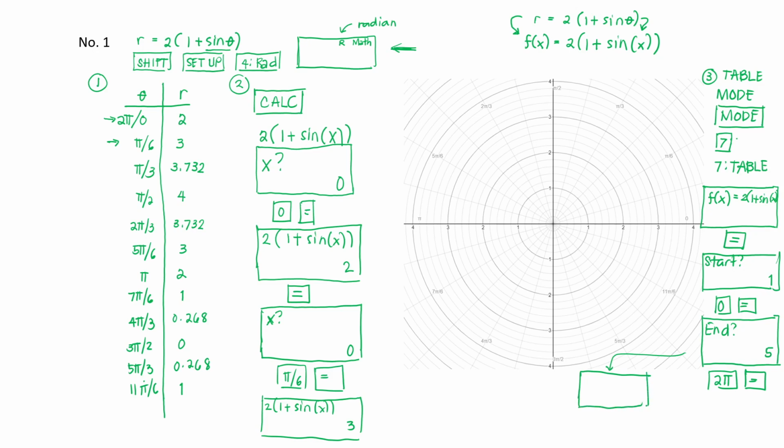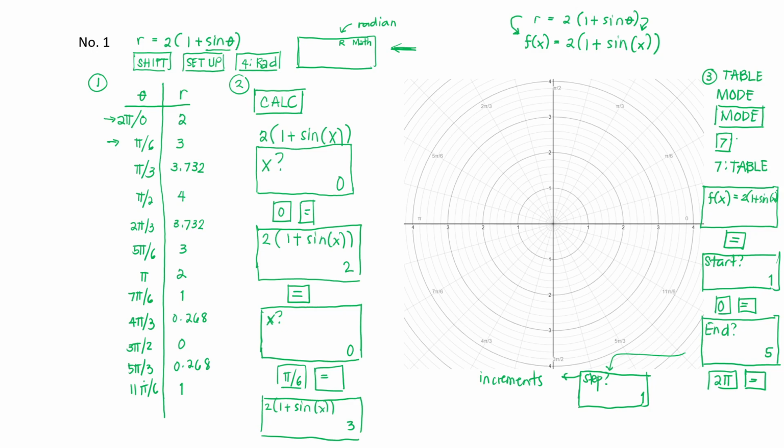What we mean by step is the interval going towards the end value. The default number is 1. The step is the increments from your starting value going towards your end value. So if you're starting from 0, then your step is, let's say, 90 degrees: 0, 90, 180, 270, then 360.